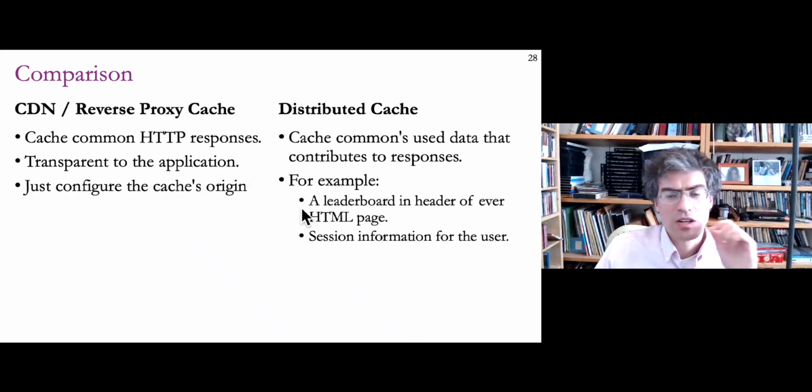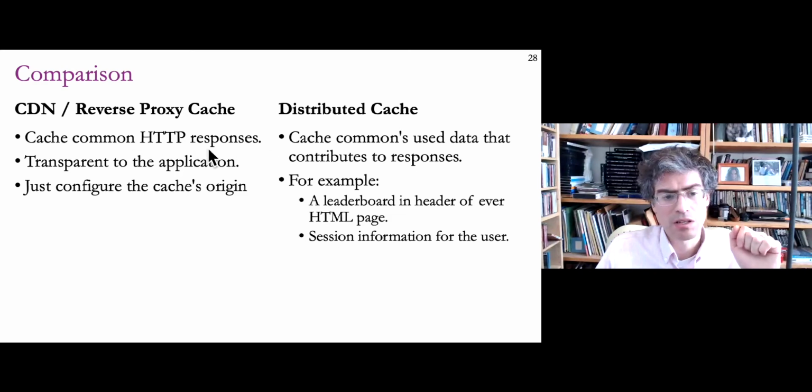We also, this term cache is one that we've used before. So I want to do another comparison between a reverse proxy cache, which is to say, for example, a CDN, and these distributed cache database things that we're talking about. So what we're talking about now is more like a database, whereas CDNs and reverse proxies, these caches are often transparent to the application.